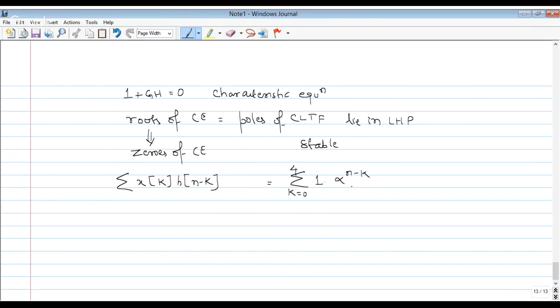So alpha to the power n can be taken outside, with k equal to 0 to 4, 1 by alpha to the power k. That is 1, 1 by alpha, 1 by alpha square, 1 by alpha cube, 1 by alpha to the power 4. This is a GP. You can take the sum of this GP. This will be your answer. Is it fine? You can directly do it using the formula.